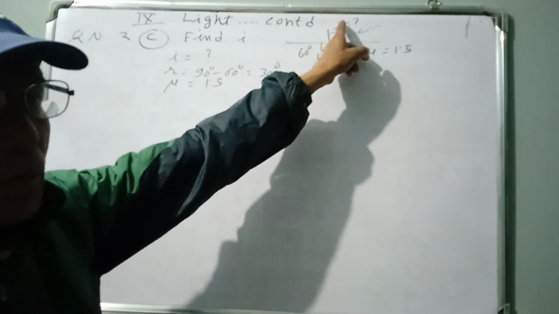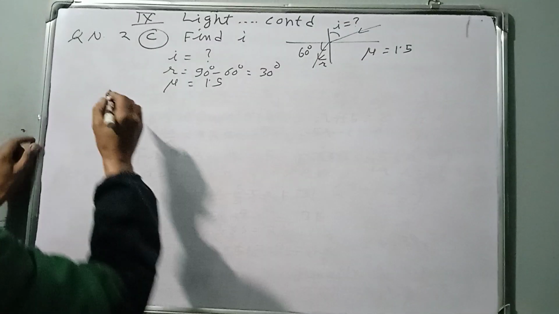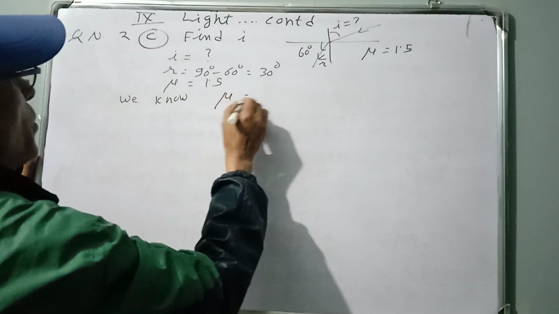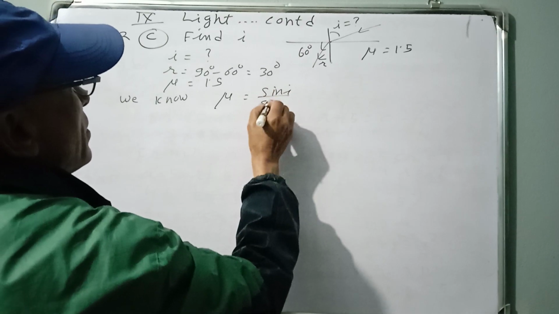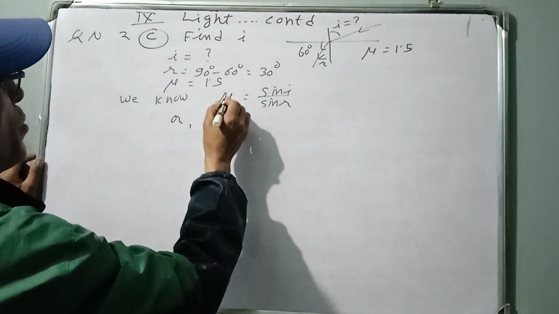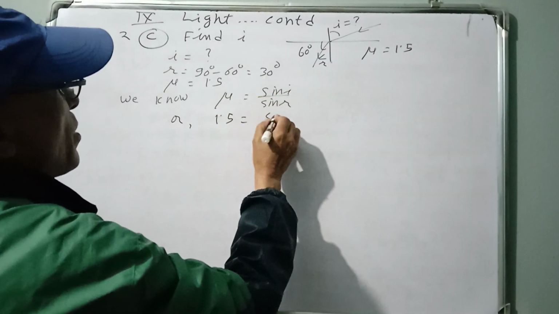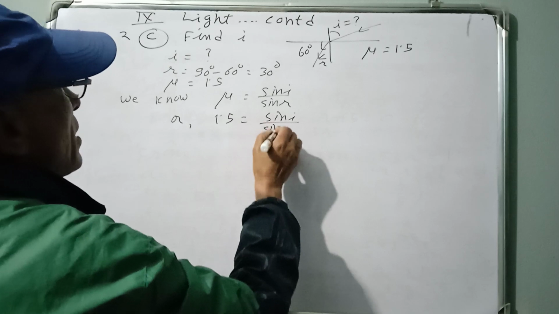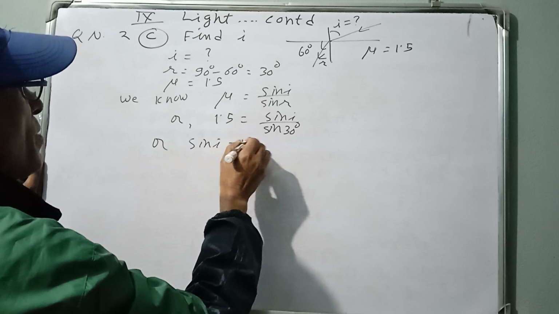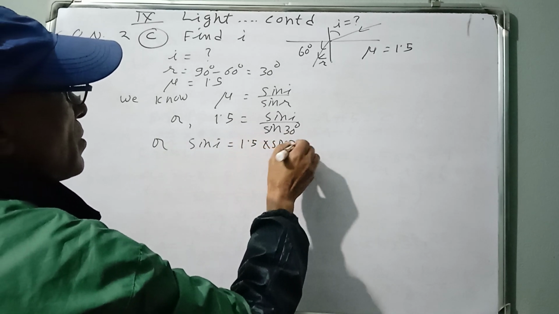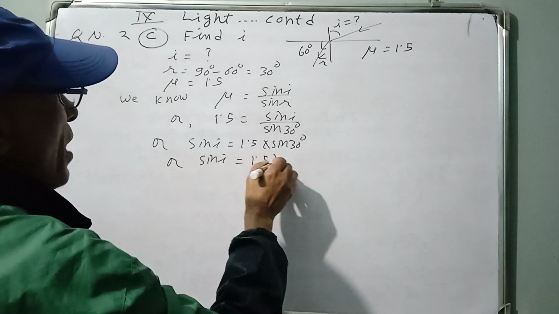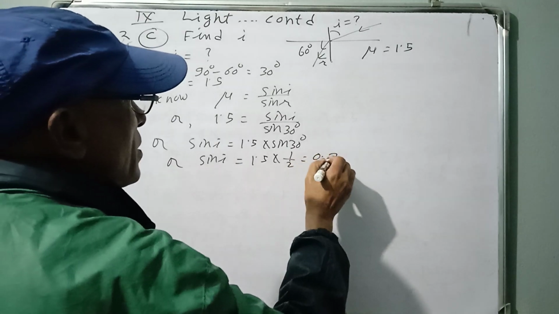Since the light is passing from a rarer medium to a denser medium, we know mu equals sin I by sin R. So 1.5 equals sin I, unknown, over sin R, sin 30 degrees, or sin I equals 1.5 into sin 30 degrees, cross multiply, or sin I equals 1.5 into half, or 0.75.